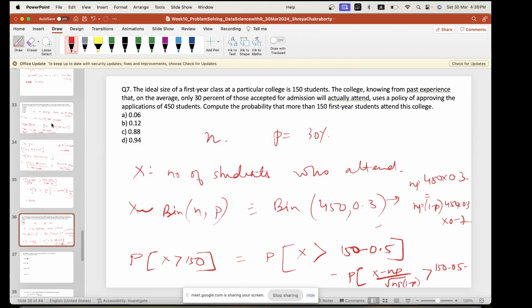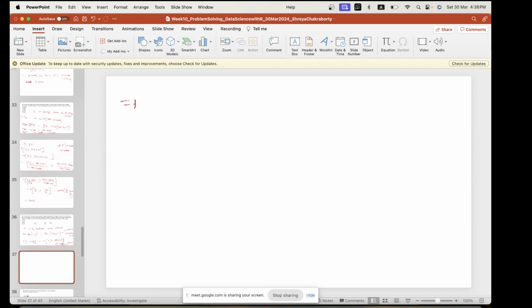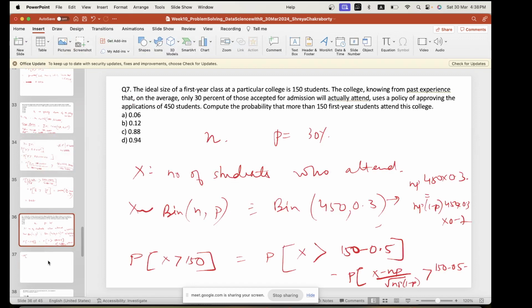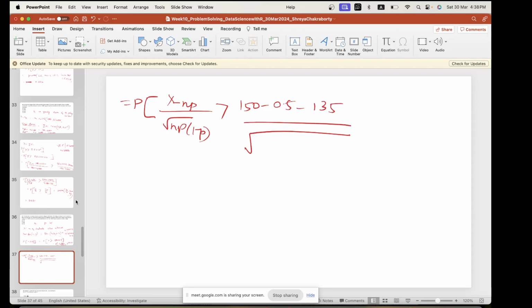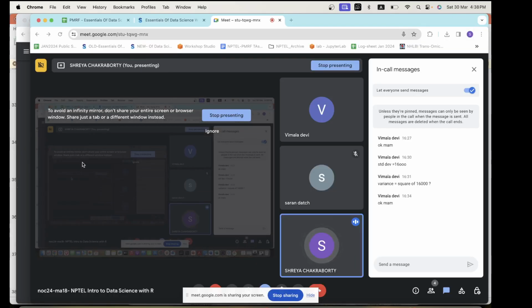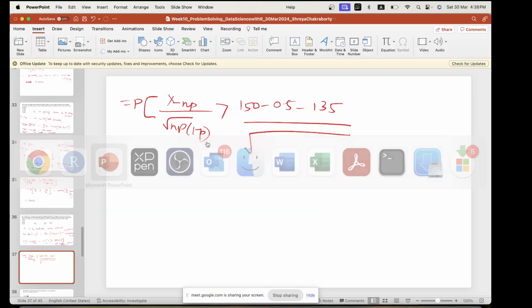So here we have to write this. This will be probability X minus NP by root over NP into 1 minus P greater than 150 minus 0.5 minus 135 by root over NP into 1 minus P, that is 94.5.